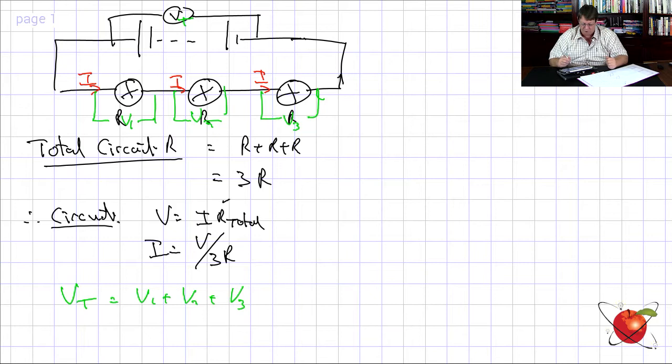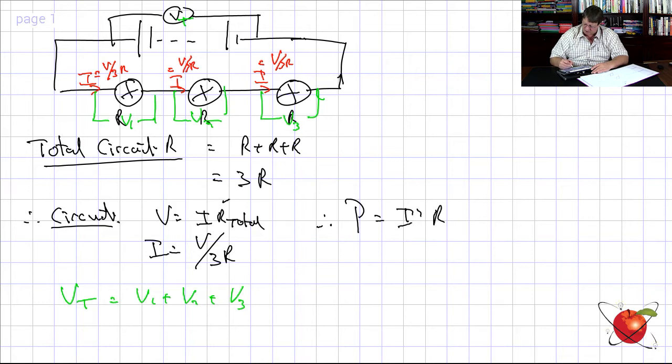Let me just bring this down a wee bit here to keep it. And then if you don't mind, I'm just going to write on the side so that we can refer back. I is going to be V over 3R. So let's put it in. Therefore, power is equal to I squared R, right?